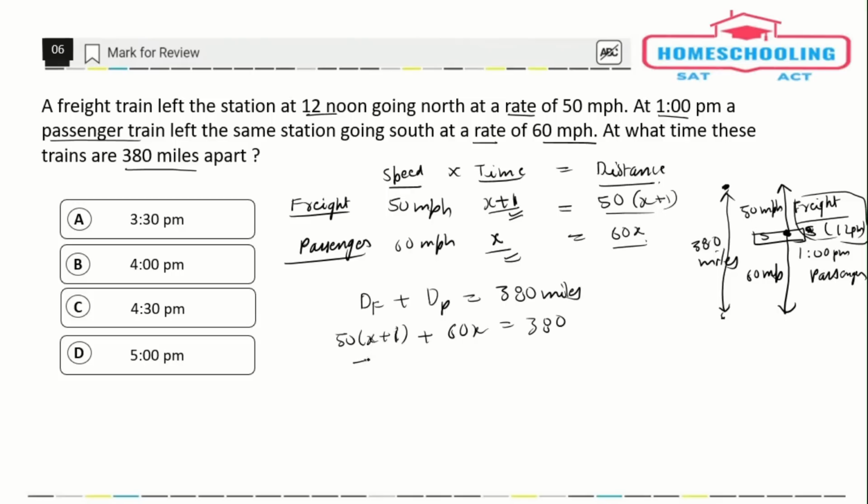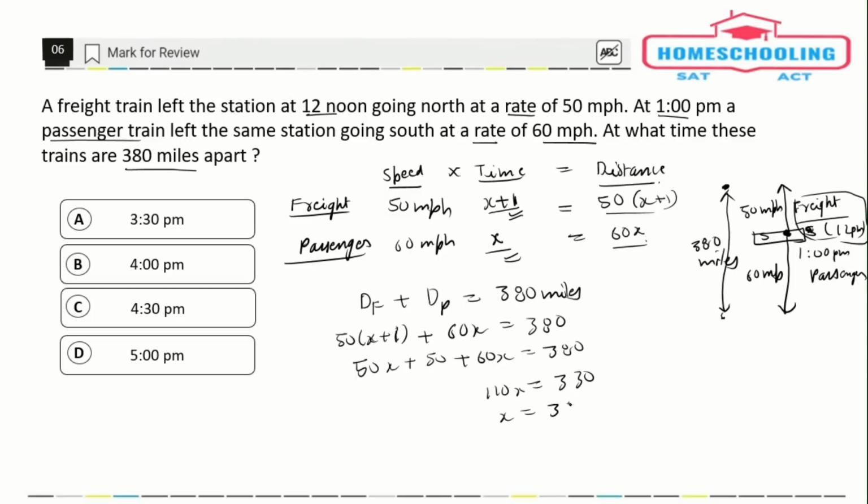So 50x plus 50 plus 60x is equal to 380. We take plus 50 to the other side, that will be minus 50. So 380 minus 50 is 330, and 50x plus 60x is 110x.